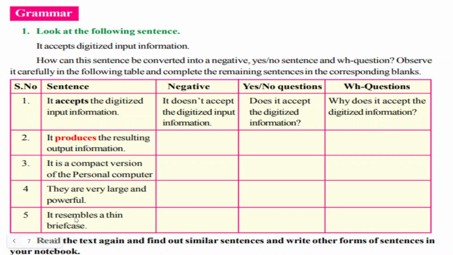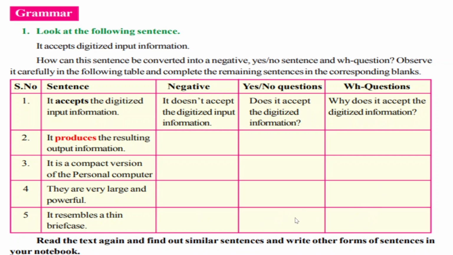Again the same: it resembles a thin briefcase. Like the first sentences, it doesn't resemble a thin briefcase. Does it resemble a thin briefcase? Why does it resemble a thin briefcase? So this is how you can convert the sentence into a negative sentence, yes or no type questions, and also WH questions.